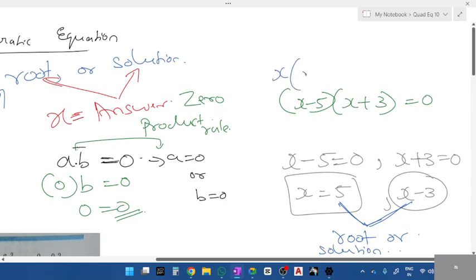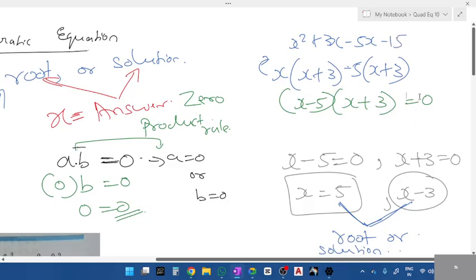x into (x plus 3), minus 5 into (x plus 3). There is no place down, so I'm just writing it above. When you multiply, what do you get? x square plus 3x minus 5x minus 15. Next, what is plus 3x and minus 5x?